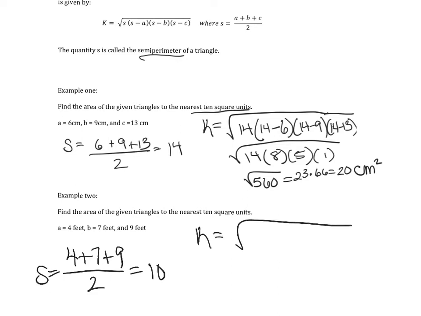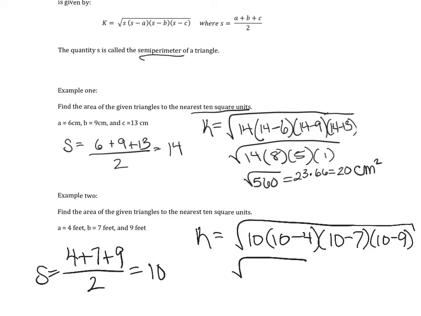We're going to plug in your 10 for your S. Then we're going to do 10 minus 4, 10 minus 7, and 10 minus 9. Again, just by looking at all the parentheses, you're all going to have positive numbers. So that's going to be 10 times 6 times 3 times 1 again.